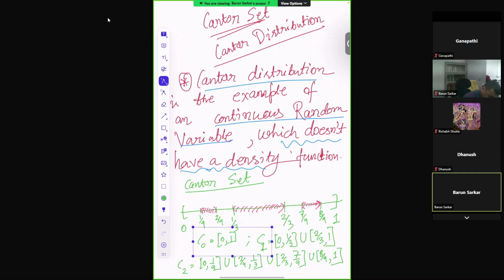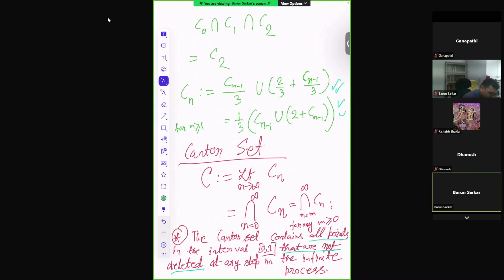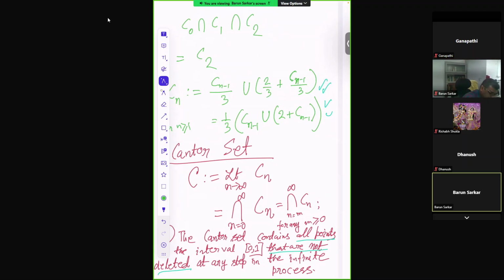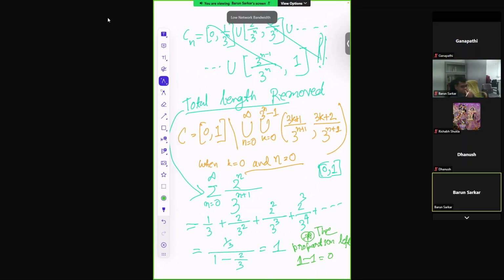Sorry, you continue to remove these parts, and you will be left with just very discrete points. Maybe 0 will remain, 1 will remain, and some points in between.